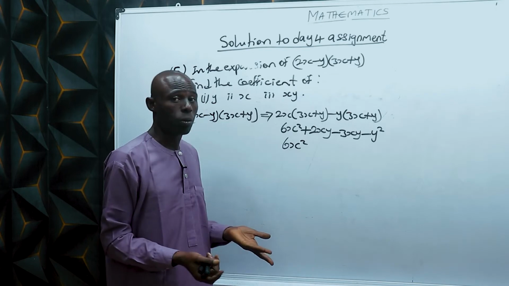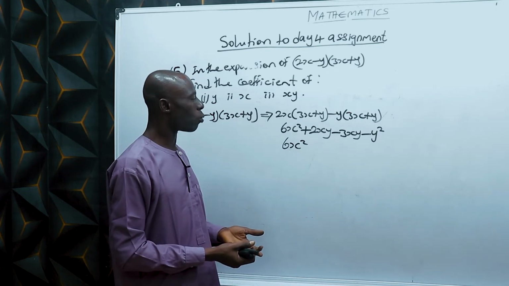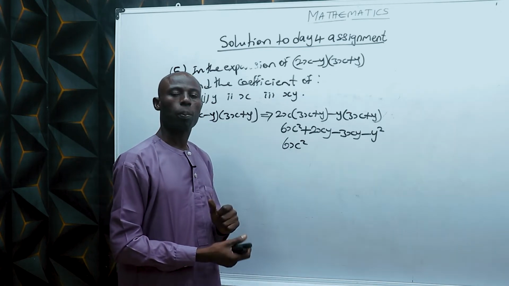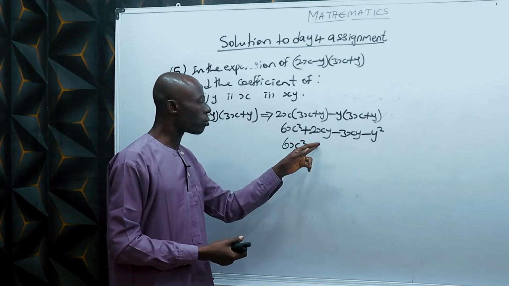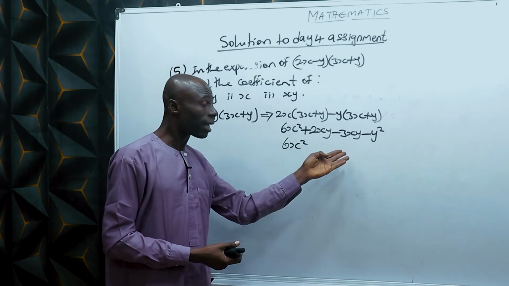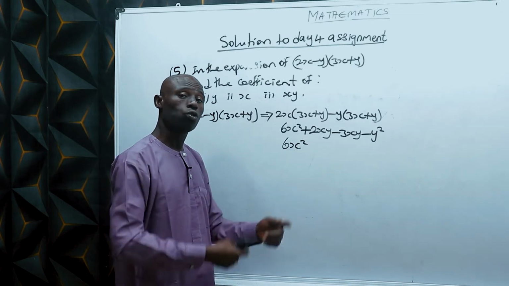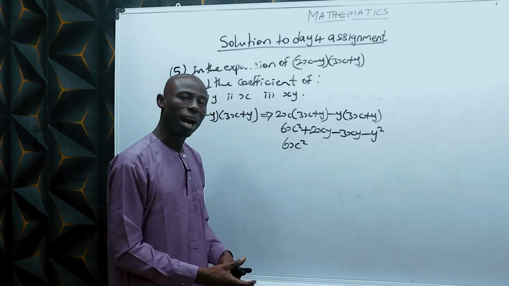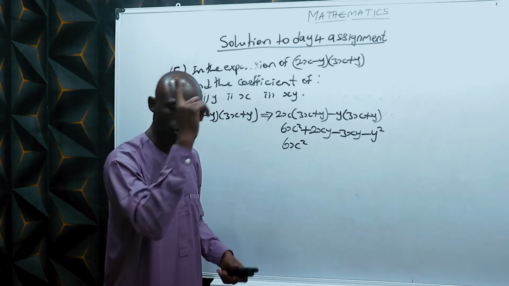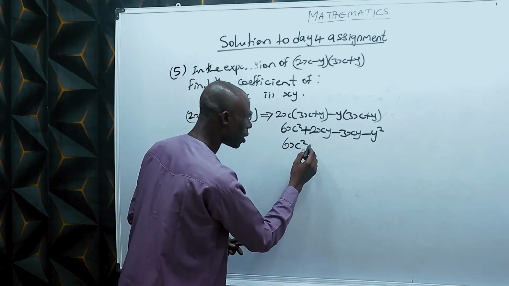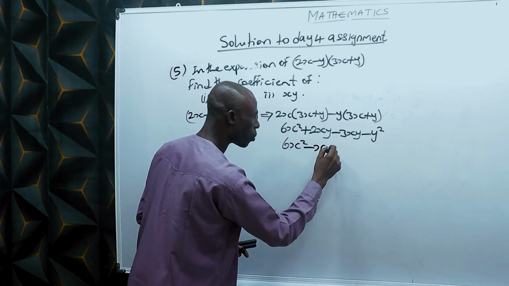Now, let's go ahead to pay your debts. You have 2xy and you hold 3xy, meaning that you are only able to pay 2 out of 3. You will still have 1xy left unpaid. That is why you will now have minus xy.